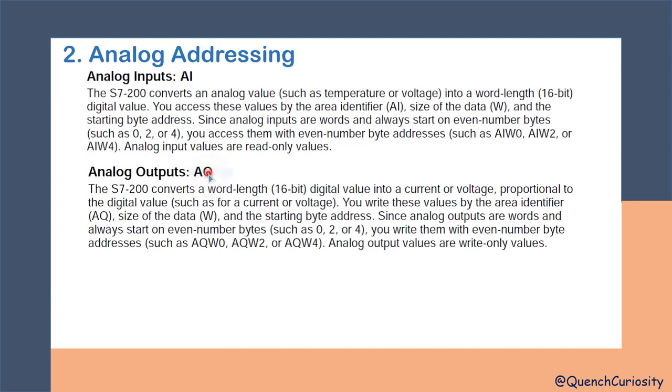Now here, as we see from the description, the S7-200 converts a word length 16-bit digital value into current or voltage proportional to the digital values. And the addressing we can see clearly here as AQW0, AQW2, AQW4 and so on. So we know from this that the addressing is going to take a memory of one word.